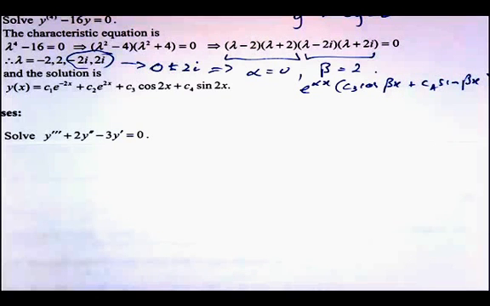Just write it down, and look at it and think about how you go about solving it. Any suggestions as to your first step?